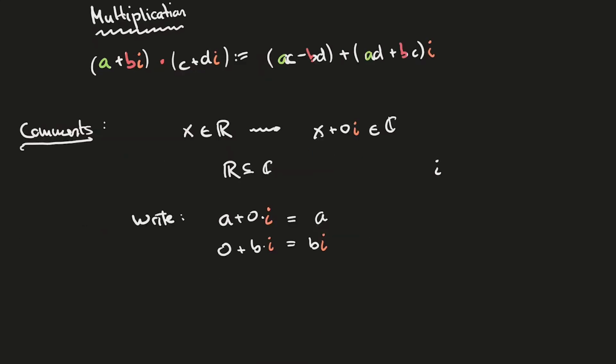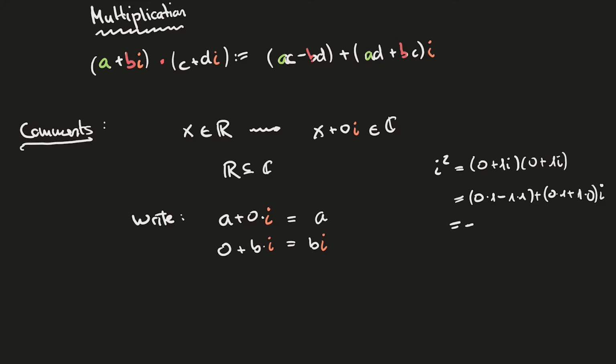We now note that i squared, if we write everything out, is (0 plus 1 times i) times (0 plus 1 times i). And if we apply the definition, what we get is (0 times 0 minus 1 times 1) plus (0 times 1 plus 1 times 0)i.